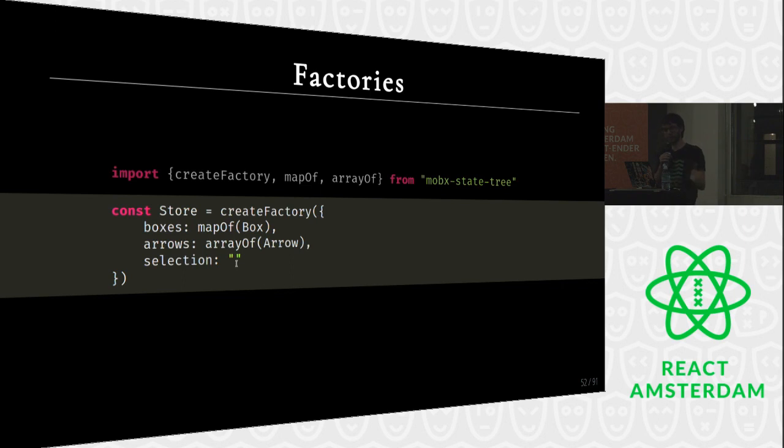And the selection this time is no longer a reference like it was previously, it's now a string. Because if it was a reference, then we would get a graph, and then it would be hard to infer how it would need to be serialized. So it's opinionated, and you have a little bit more boilerplate than MobX. And we have to see whether that's worth the effort or not.